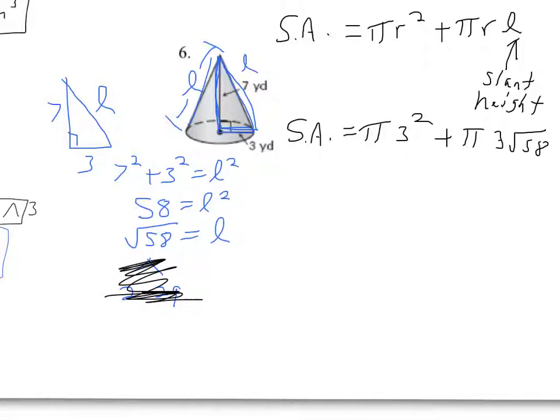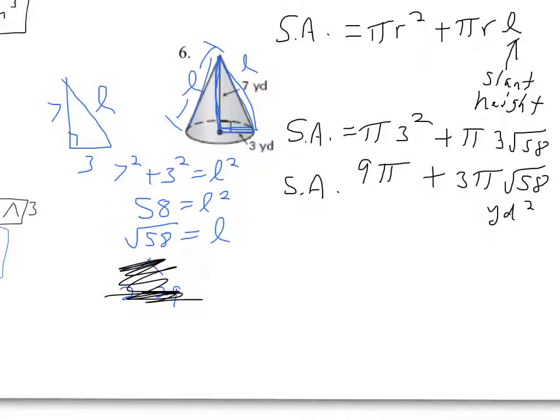Okay, 3 squared is 9, so 9 pi, and then we usually put the number in front of pi, so I'm going to say 3 pi radical 58. And actually, we can't do anything more to that without rounding. So I guess that would be as exact as we could get. It's not a very practical answer, but that would be the number of square yards for surface area.